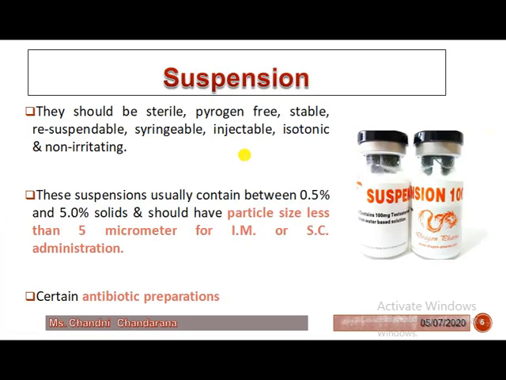Now the next is parenteral suspension. So first, you should have a question: why is there a need for parenteral suspension, and when do we require it? When the drugs are insoluble in the conventional solutions, at that time we require suspension.